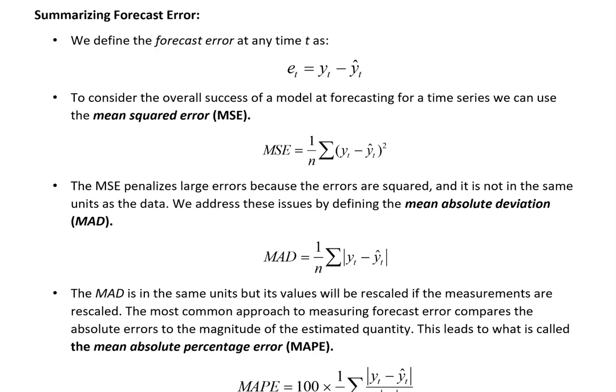So that's why we need to calculate the error, which is also called the residuals, right? So we want to have the residuals as small as possible, and that means our smoothing method is good enough.